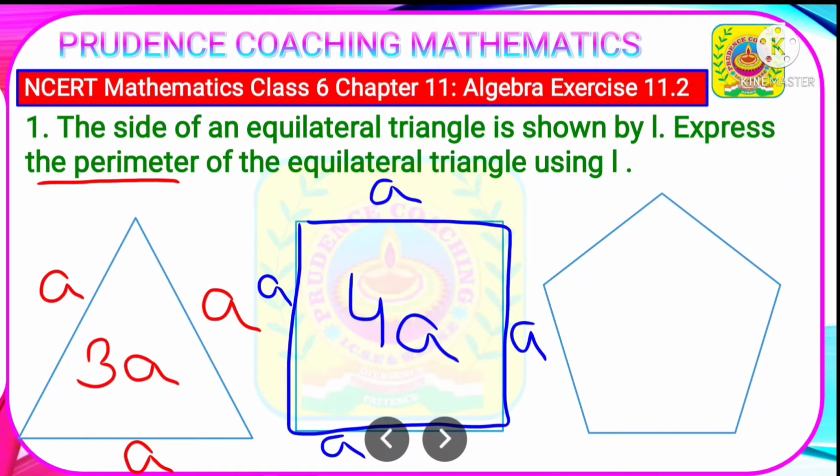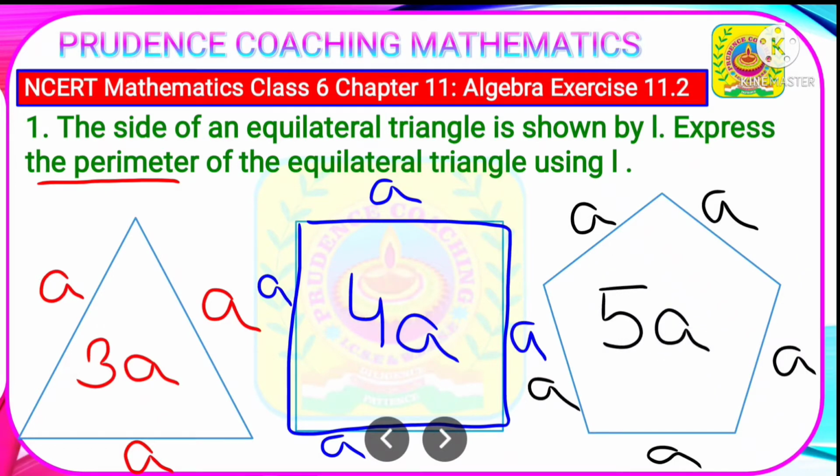Next, as you can see, we have a pentagon and all its sides are equal as it is a regular polygon. So let us assume each side to be A unit. All the sides are A, so we are getting 5A. So the perimeter of this pentagon will be the sum of all these 5 sides, that is 5A.